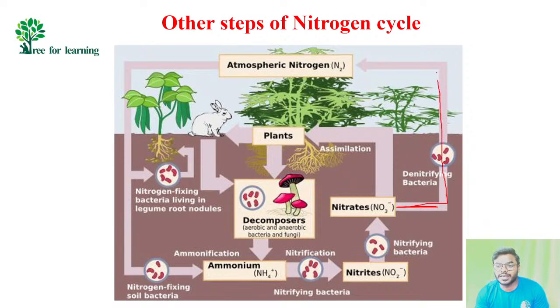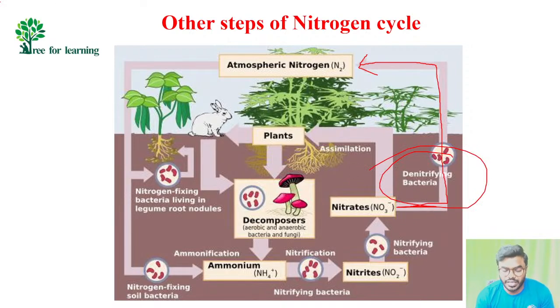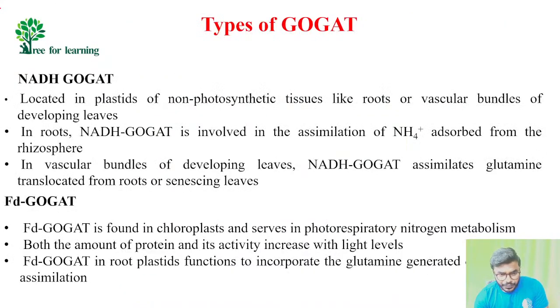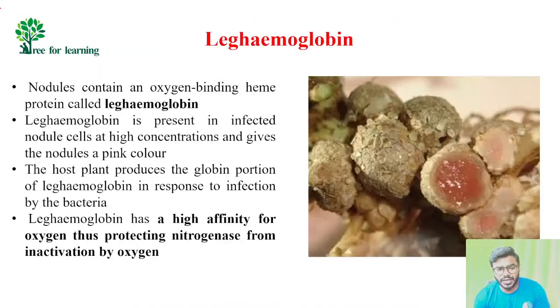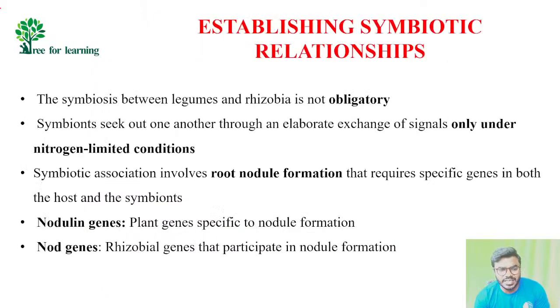All the students pay attention. We are sending the nitrates back into the atmospheric nitrogen. This is exactly what we call denitrification. Okay, all the steps are important. You should not leave any step.